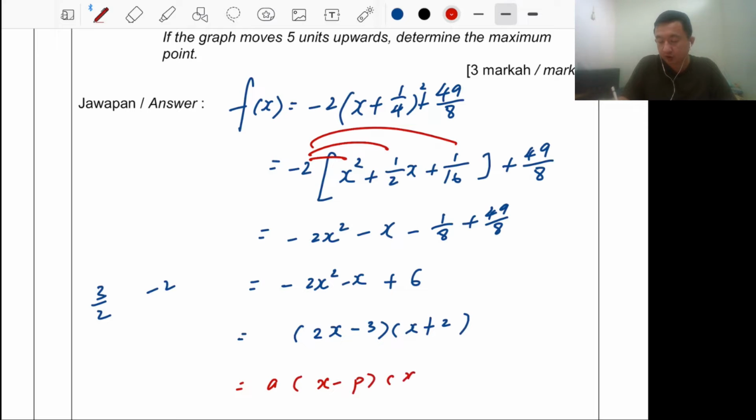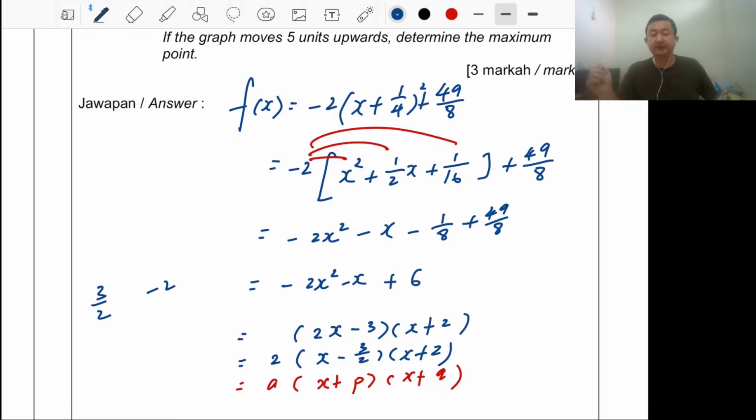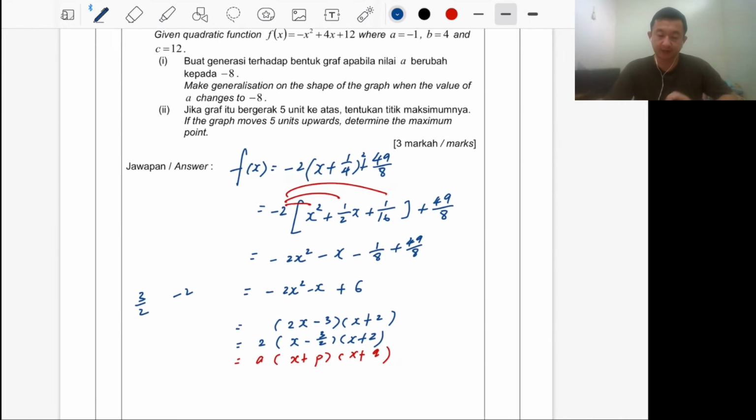The coefficient of x must be 1. So this coefficient is 1, but the coefficient here is not 1. So you need to factorize it. You take out 2. That will be x minus 3 over 2 and x plus 2. So this is the format in intercept form. This is for A. Yeah?